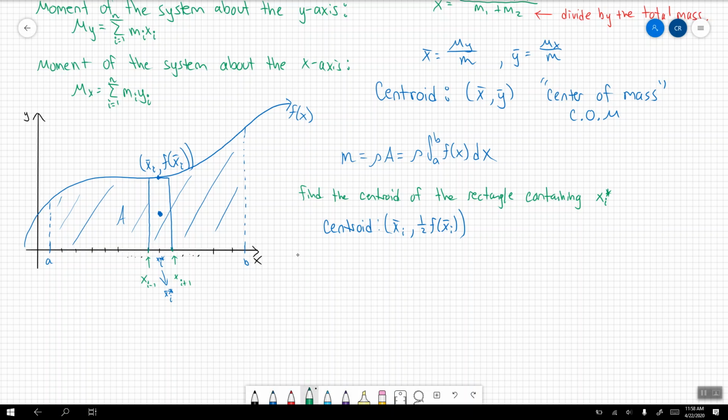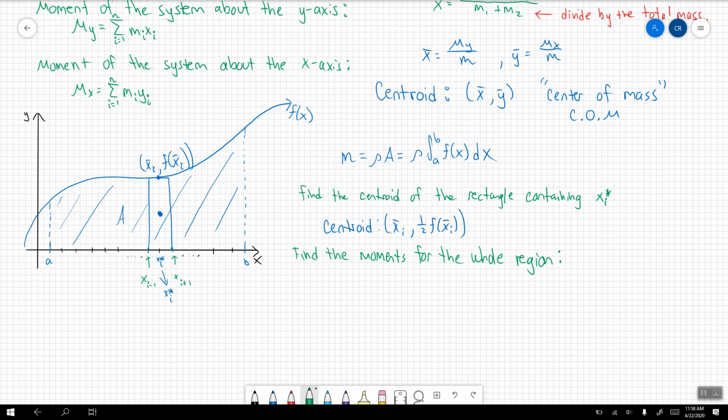So let's go through and find the moments for the whole region. We need to find two different moments here: the moments about the y-axis, and also the moments about the x-axis. So this is where we start looking at all of those different moments.